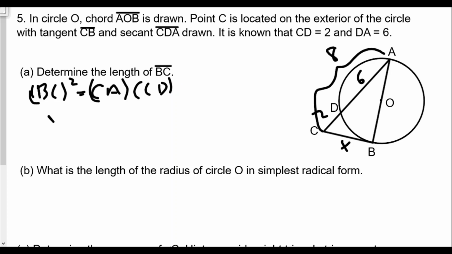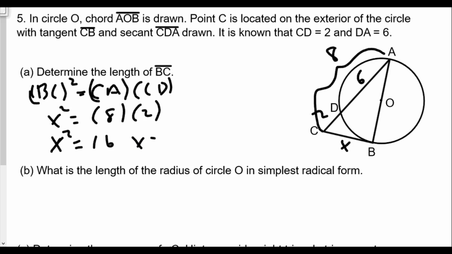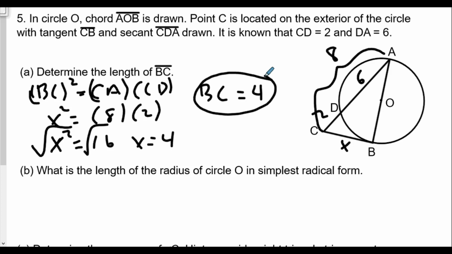So in this case, our x squared is equal to CA, which is 8, times CD, which is 2. X squared equals 16. X is equal to 4 because we took the square root of both sides, and we took the positive value. Therefore, BC is equal to 4. Okay, so make this 4.